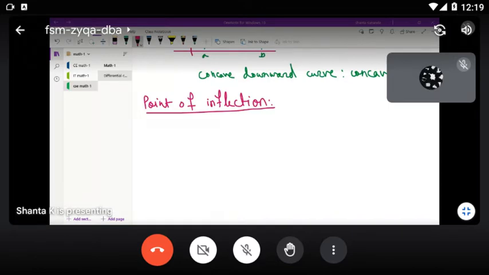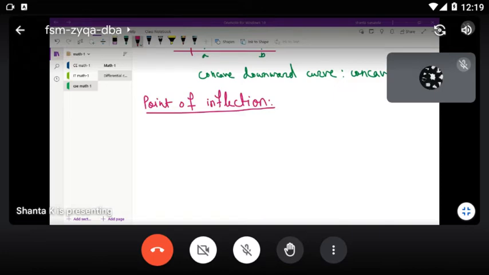Okay, only these three conditions enough? Any other condition? I think these three are enough, right? So if any point is the point of inflection of a curve, then at that point second order derivative vanishes.